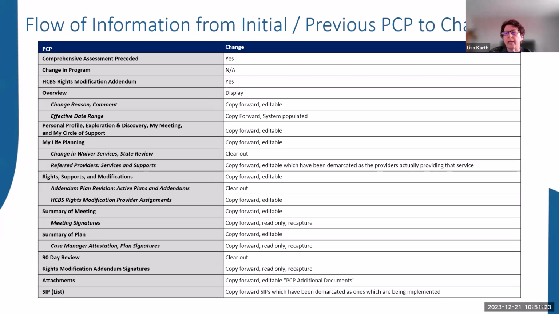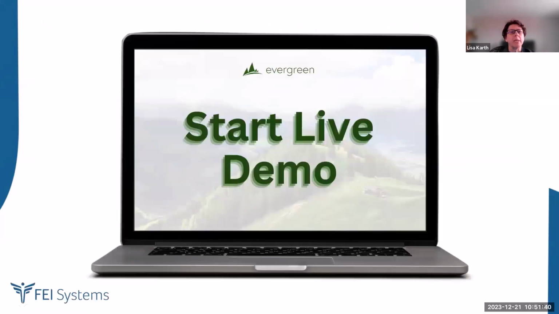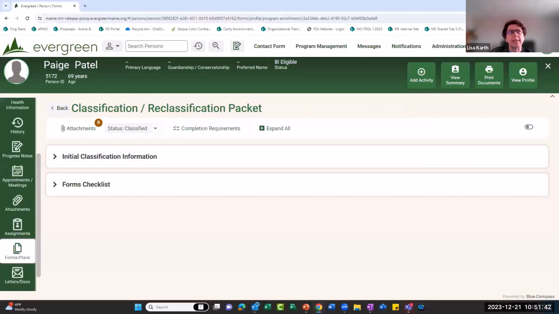And they would say, yes. And it's when I had them look at it that they would say, oh, I changed my address. Our lives are hectic. We forget when things occur. So definitely review all the information with your person. So I want to show you this in the system.